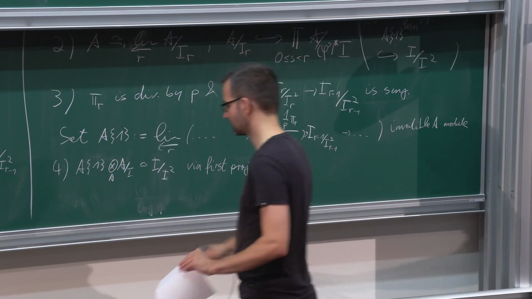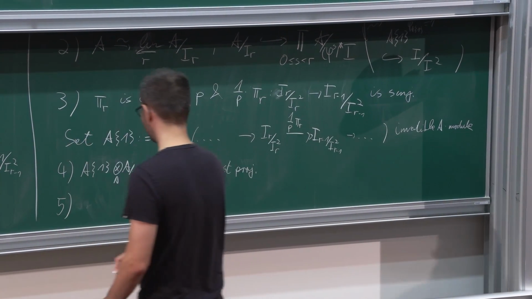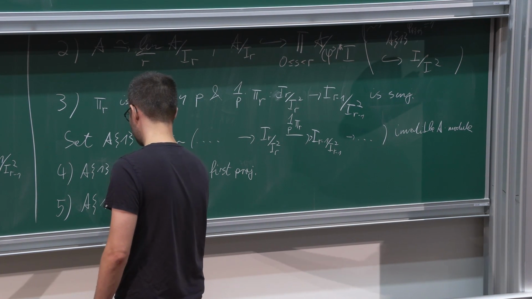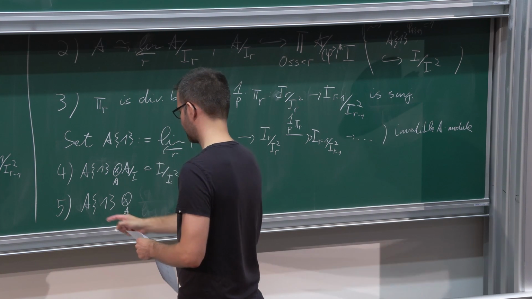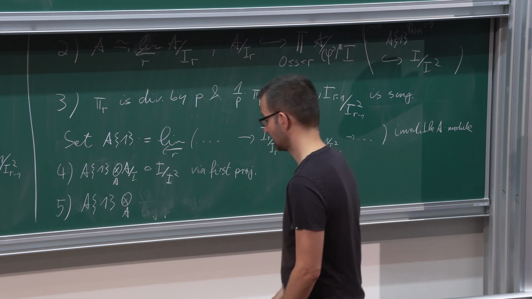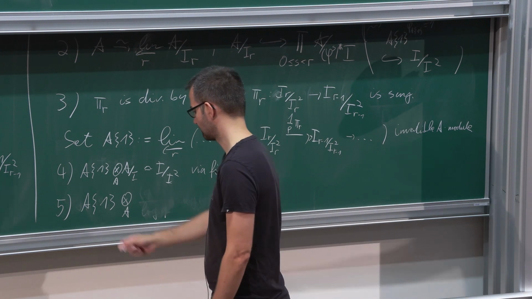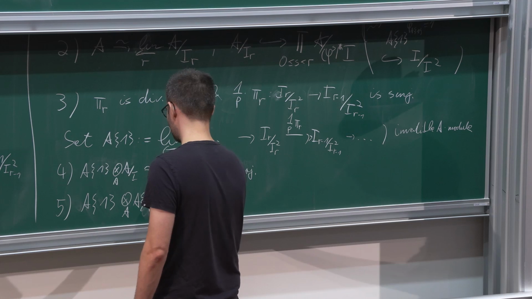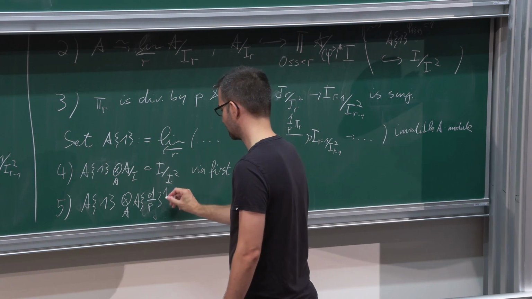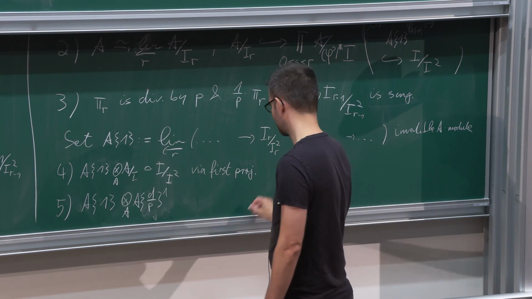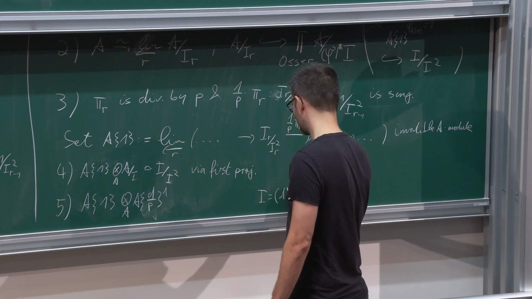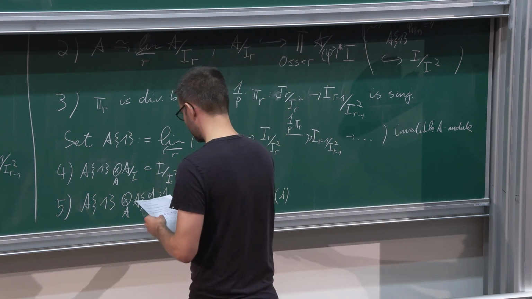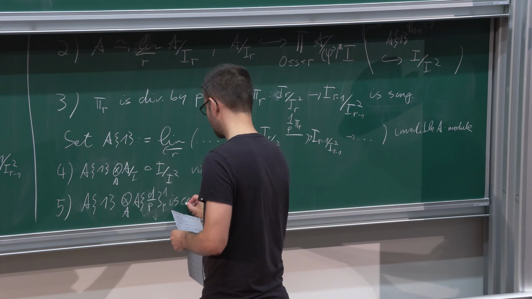And then lastly, if I consider the base change of this Breuil-Kisin twist to the universal crystalline prism over A, meaning the prism where I adjoin d over p, if, say, I is generated by one element, then this is canonically trivial.